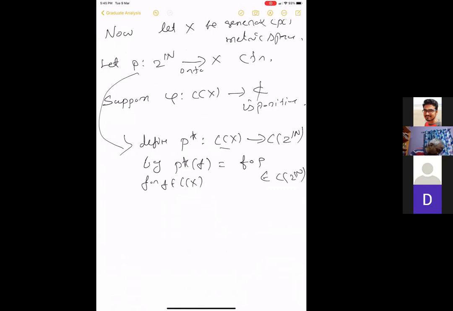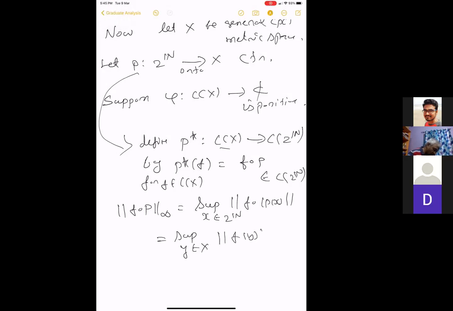Now let us check what is the norm of this. The infinity norm of f composed with p is the supremum of f of p of x, where x is in the Cantor set. But p is surjective, so that is equal to the supremum over y in X of f of y.